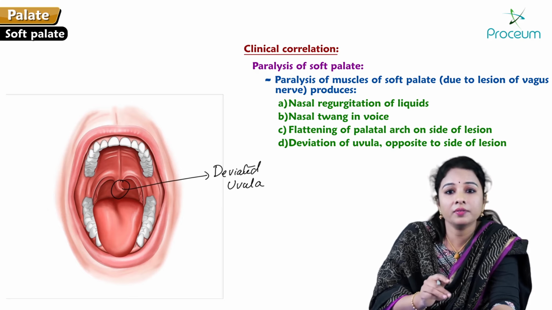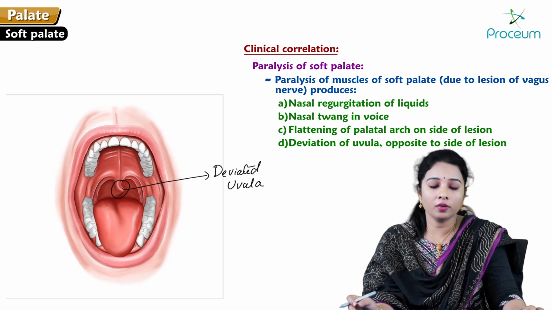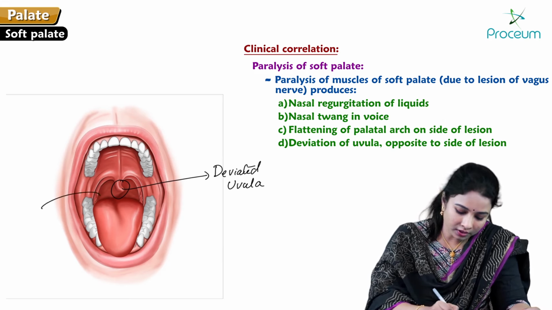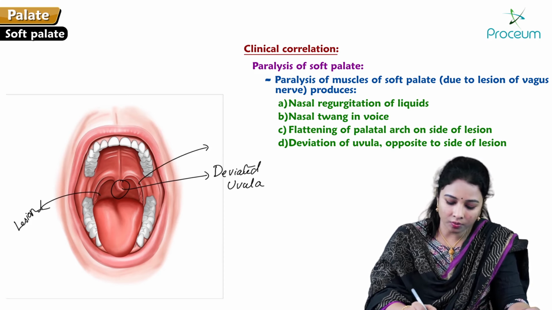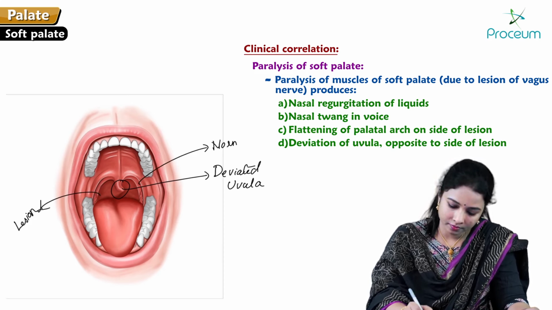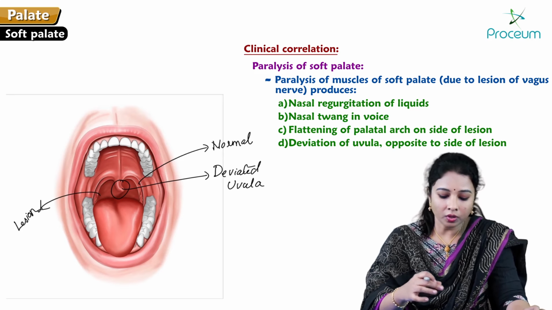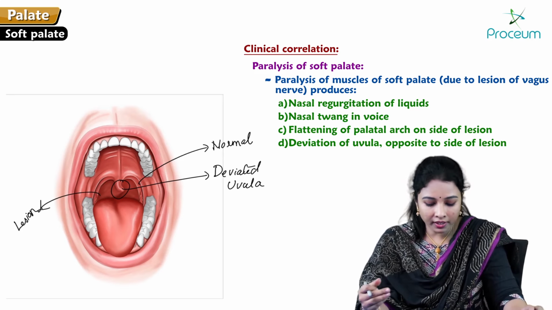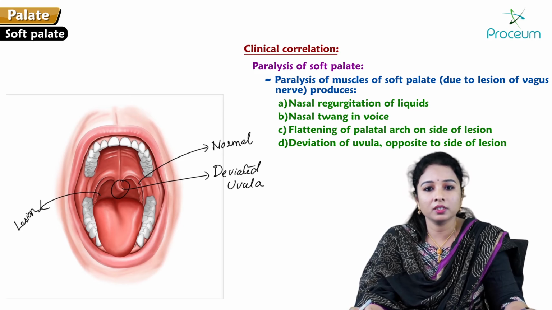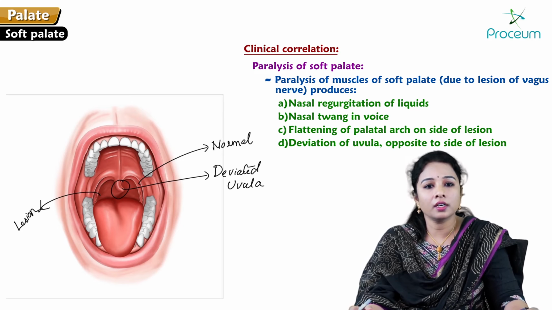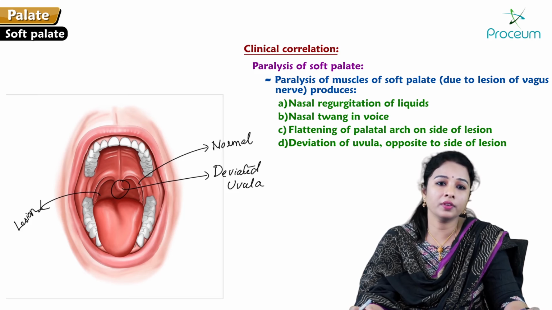The lesion is on this side, and this side is the normal side. Because of the pull of the normal muscle, the uvula gets deviated to the normal side. So these are the features of paralysis of the soft palate and lesion of the vagus nerve.